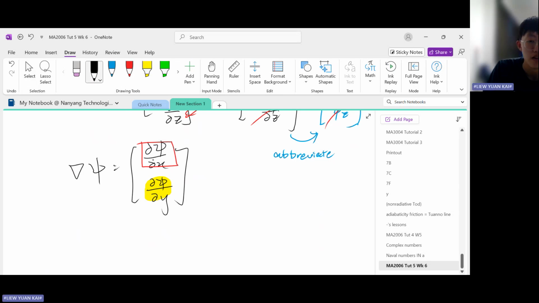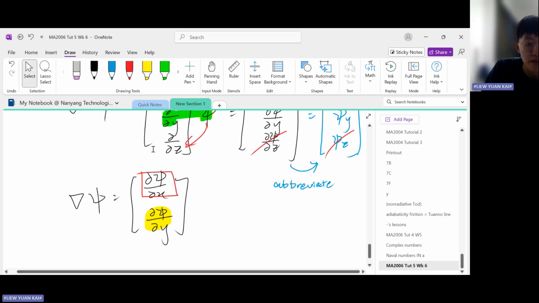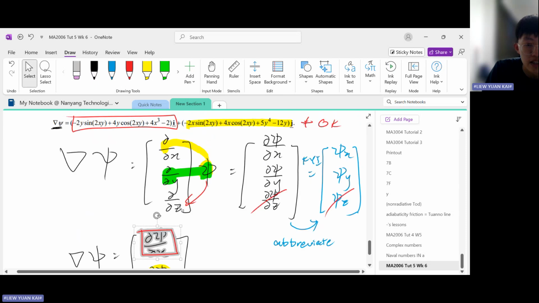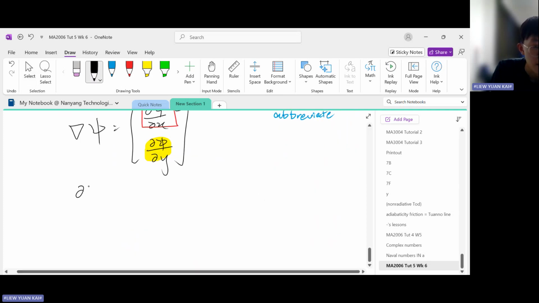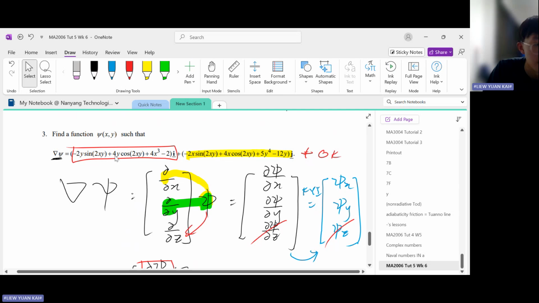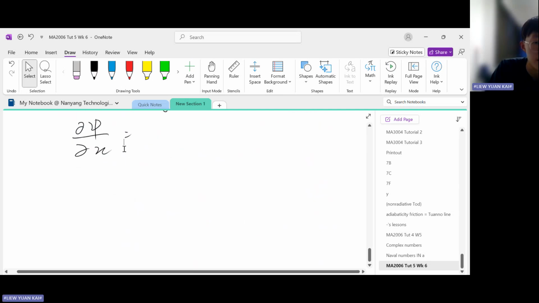So let's deal with the x entry first. We know that the partial derivative of psi with respect to x will be equal to this red box, i component with i component. So let's write that down. The partial derivative with respect to x is equal to, so we need to copy this down. I'm going to copy it down.